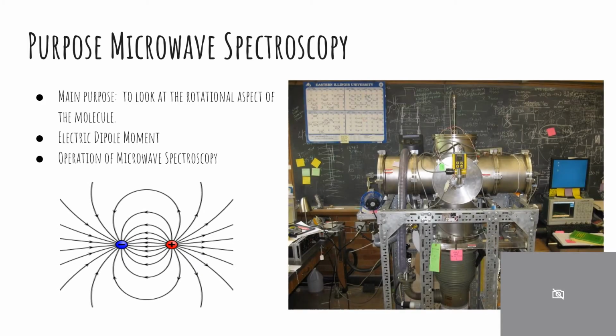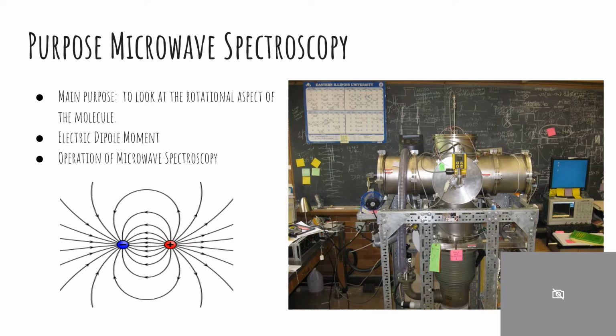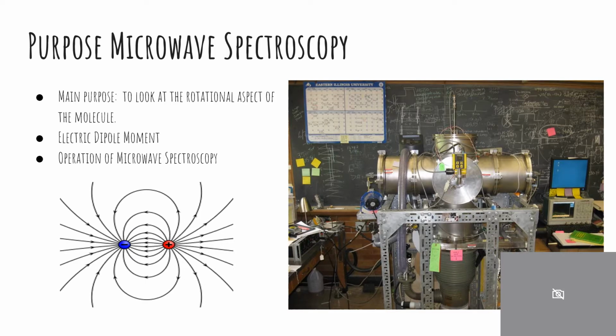On the right, we see a photo of a microwave spectroscope. Some features are the absorption cell, the microwave radiation detector, and the radiation source. Fun fact, the radiation source is monochromatic, which makes it easier and faster to detect molecules than other spectroscopies.